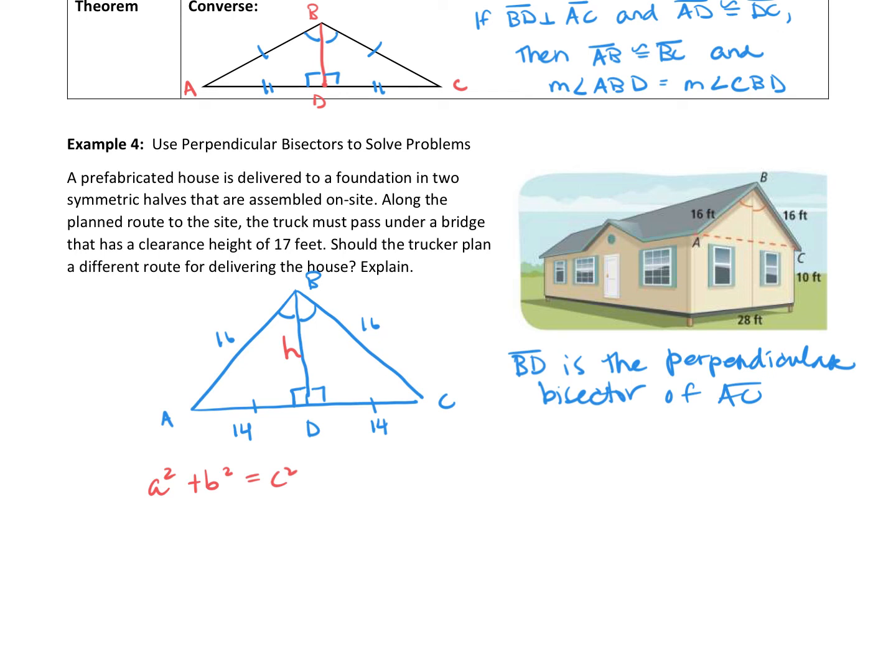And as long as you plug in the hypotenuse for your c value, that is the side opposite your 90-degree angle, then we can use Pythagorean theorem to find our missing side. So a squared plus b squared, 14 squared plus height squared, h squared equals, the hypotenuse is this longest side opposite our 90 degrees, so 16 squared.